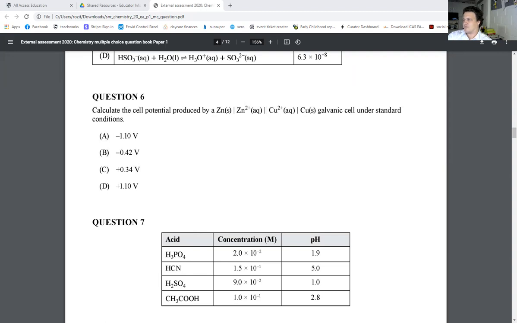Remember how we figured out how to work this? We looked at the electrical cell potential from zinc to zinc 2+ and copper 2+ to copper. Make the smallest one a minus and add them together. Oh, Lucy, that's like 4 in a row now. Well done.